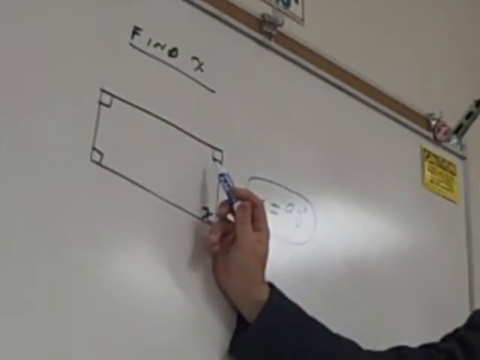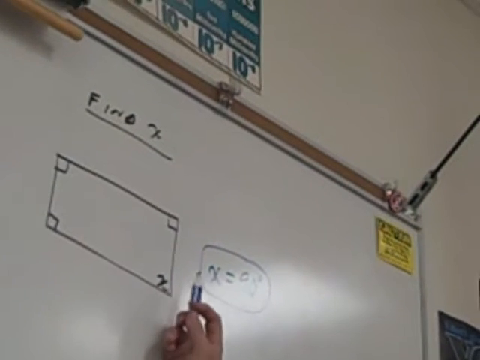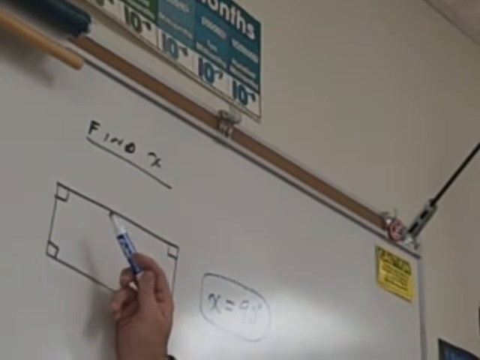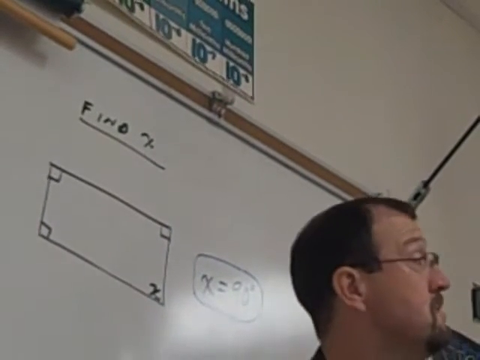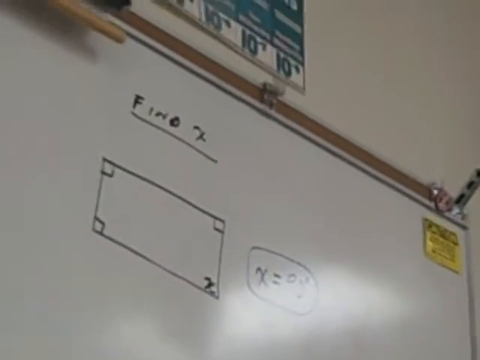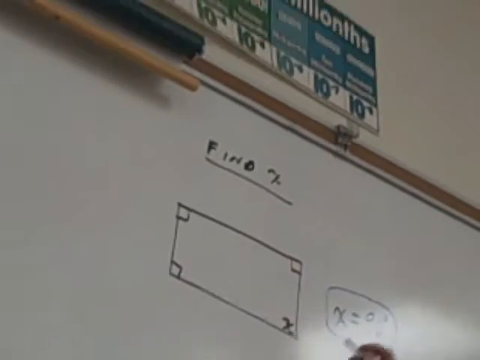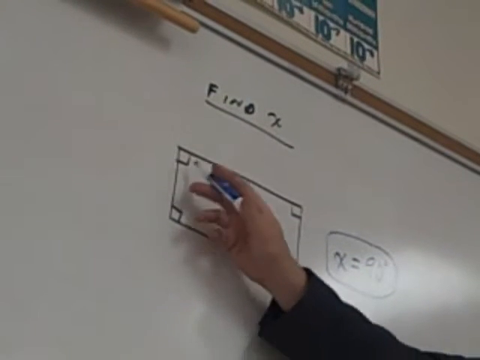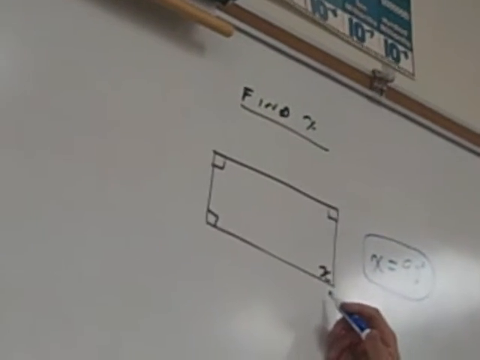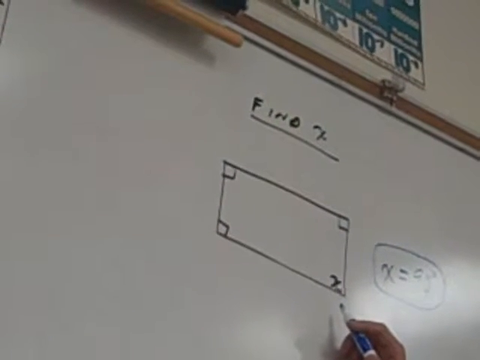That's 270. Take away from all of them, that's 360. So what's 360 minus 270? 90. Common sense says right angle, right angle, right angle. Last one has to be right angle. Common sense tells me that.